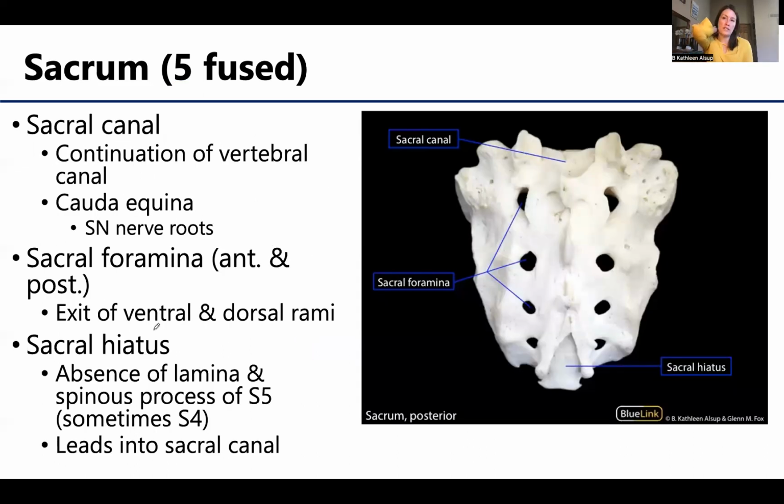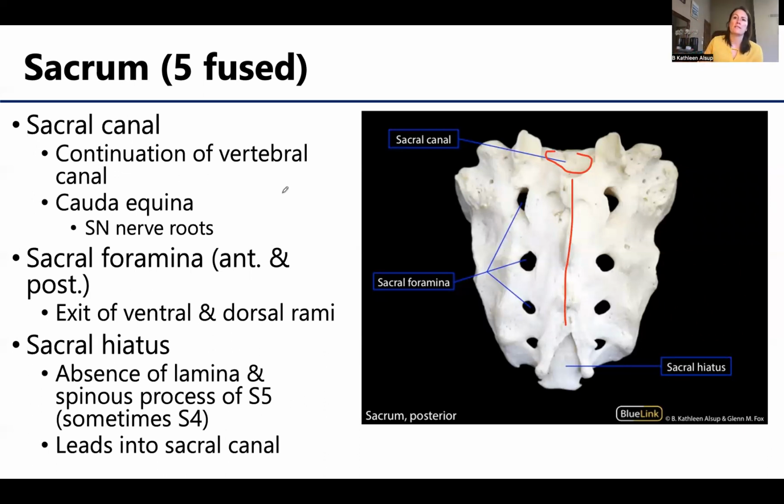If you're looking posteriorly or from a straight superior view of the sacrum, you will see the opening of the sacral canal. It will extend deep to this region. This is basically the continuation of the vertebral canal. But one thing you'll talk about in quite a bit more detail when you get into the neuro portion of the course is that the spinal cord actually ends around L2, around the second lumbar region.